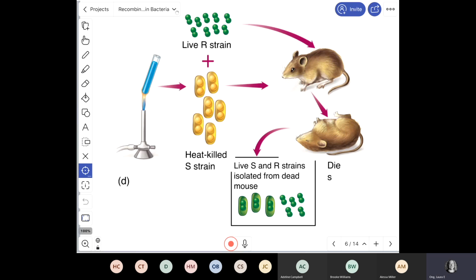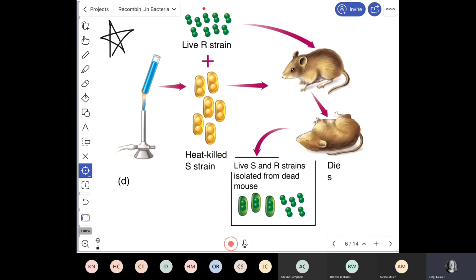And then he decided to do something different. And I always wonder, why did he do this? Because this is the key part to what he eventually discovered. So he took a dead S strain and a live R strain and mixed them together.